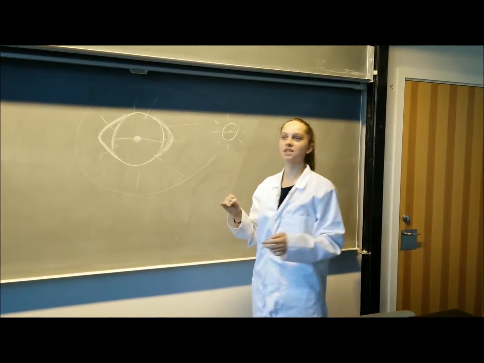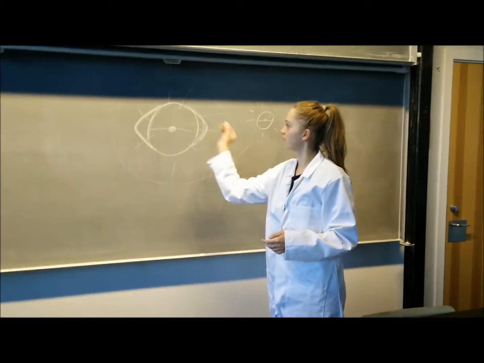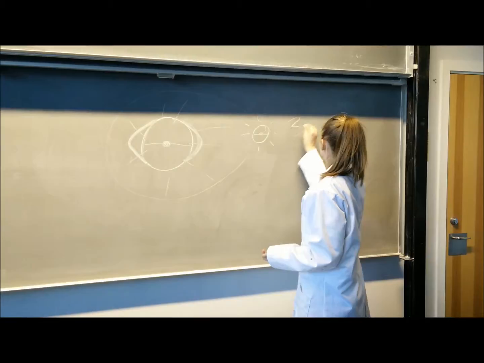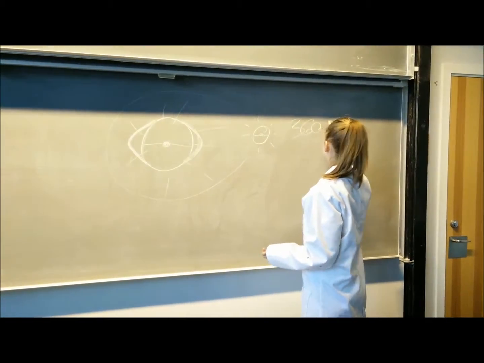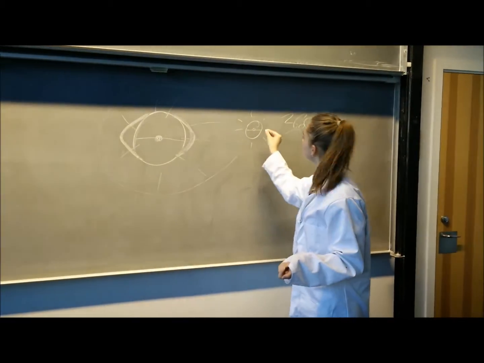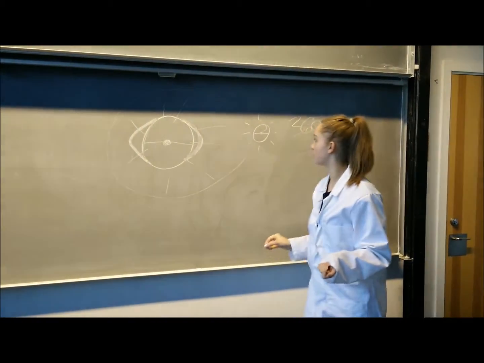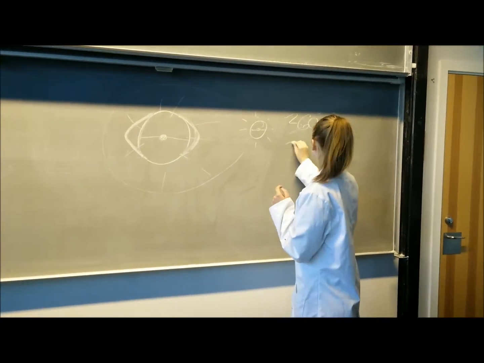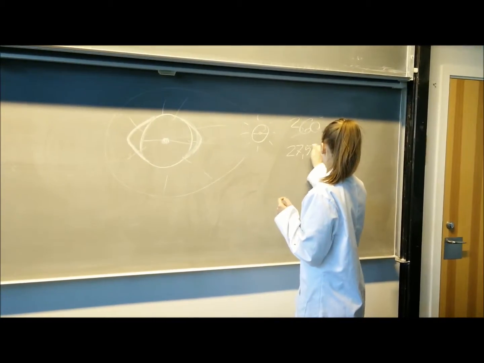So what we do is we say that we know that the Earth rotates around its own axis in 24 hours. Right, and that is 360 degrees. On top of that, we have to remember that the moon also orbits the Earth, and that is an extra 360 degrees every 27.5 days.